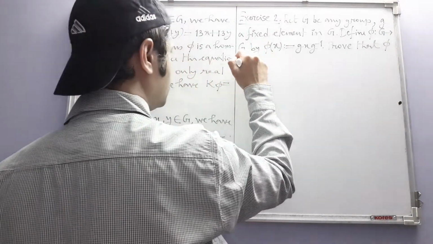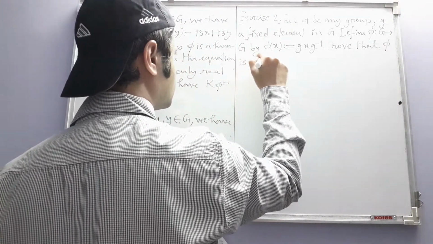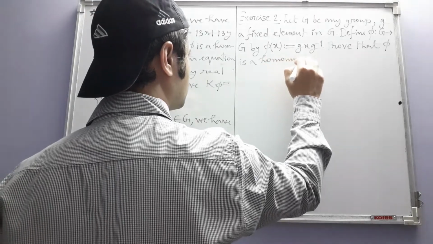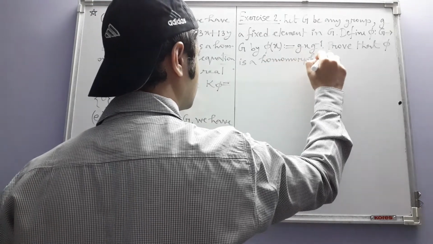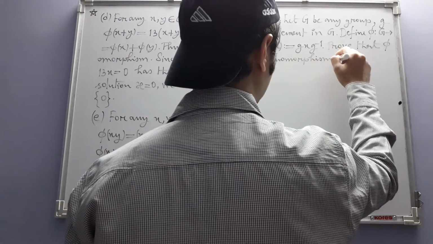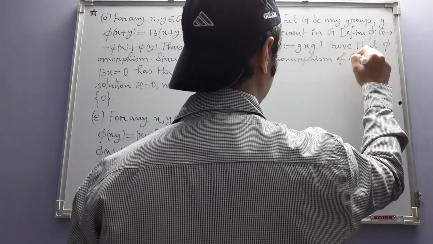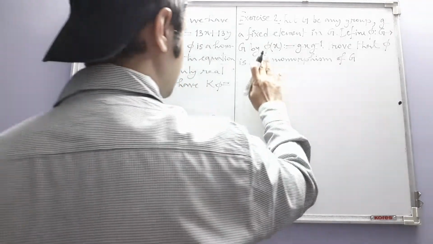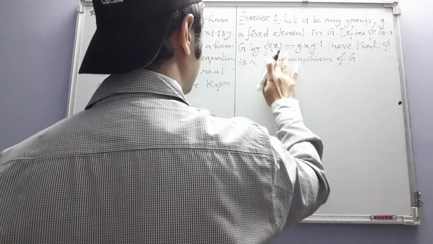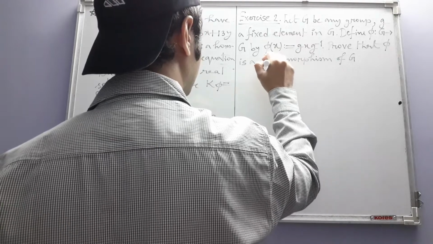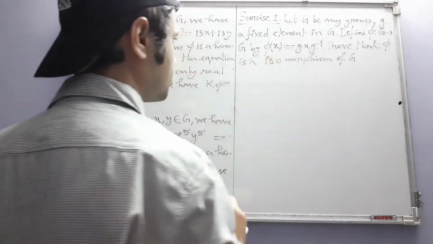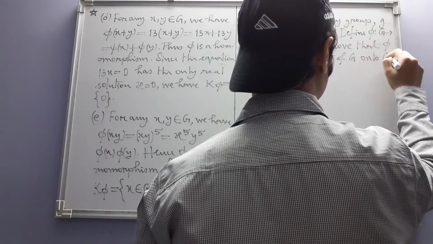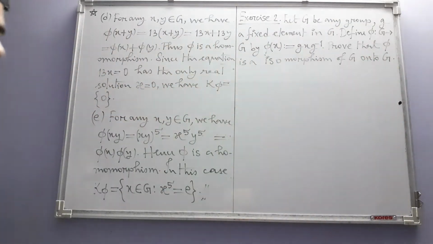Prove that phi is a homomorphism of G. It's not just a homomorphism, it's an isomorphism, and that too an onto isomorphism of G to itself.